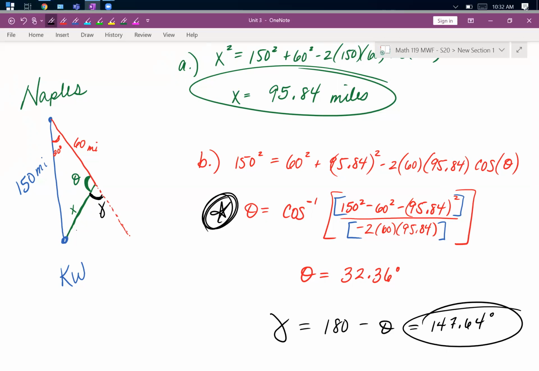Yeah, but the angle we would have to turn is the supplement to that. Oh, okay. So when you did inverse cosine of that gross fraction, you got the 147. Now I used the law of sines and I got 32.36. I know that 32.36 is the correct answer for theta. Did you make sure to put the extra parentheses when you did that inverse cosine? Yeah.